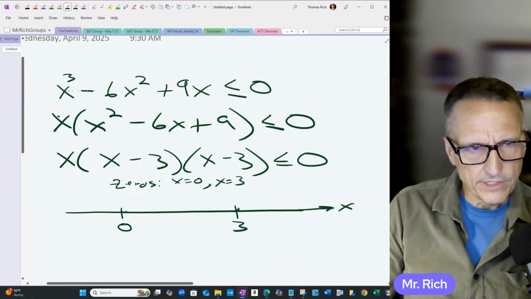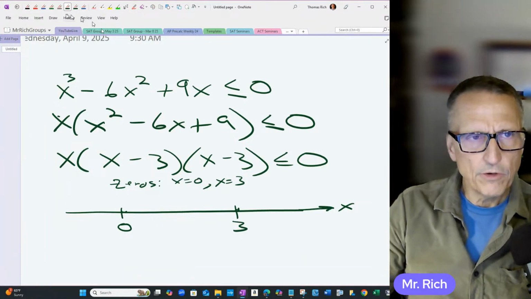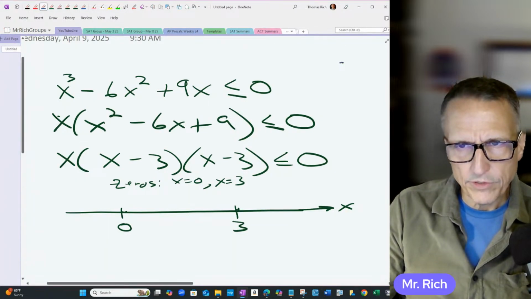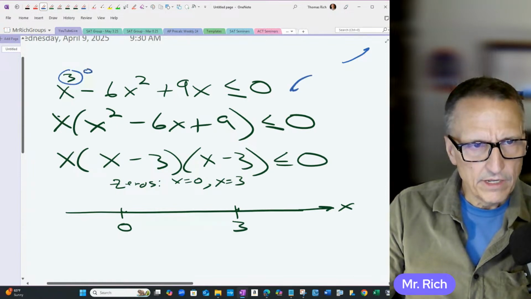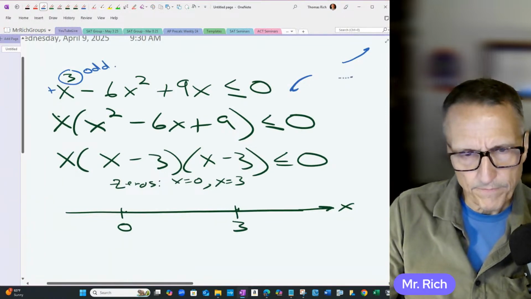One thing we know about this is a third-degree polynomial with a positive leading coefficient. So the end behaviors are going to be up to the right and down to the left, again because we have an odd degree and a positive leading coefficient.